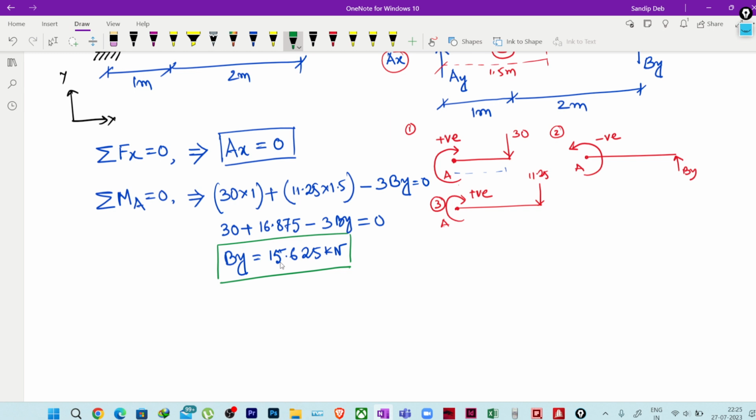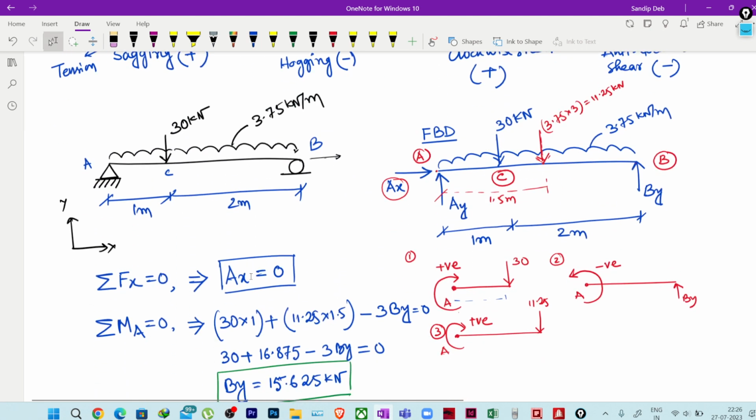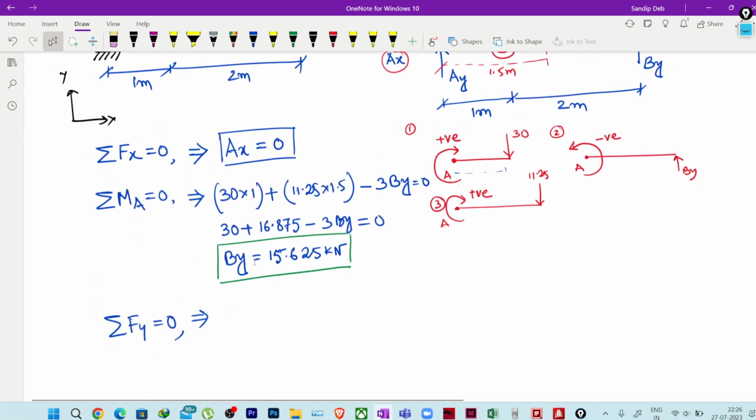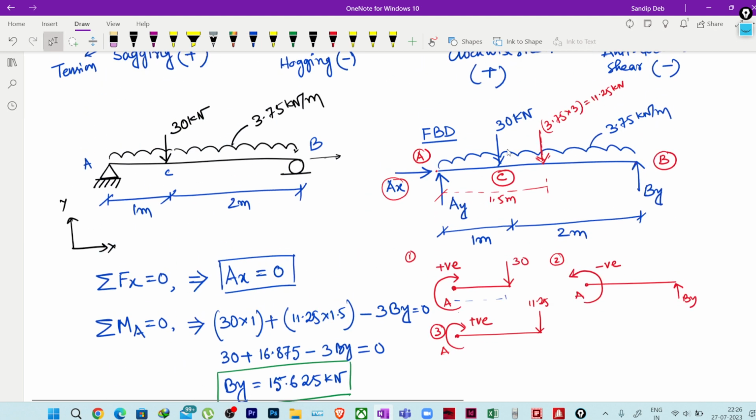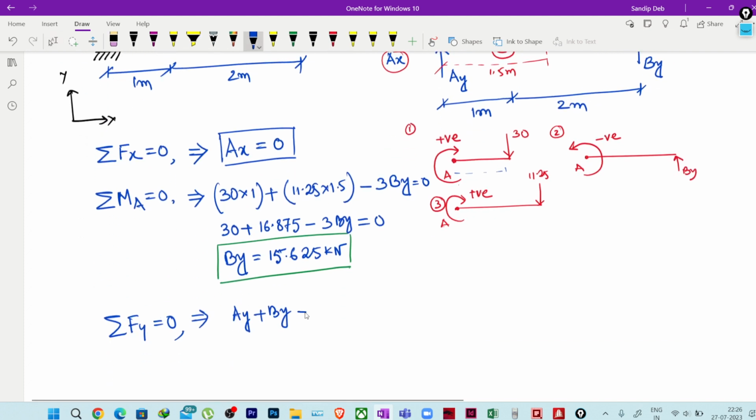Now if I use another equilibrium condition, which is summation of Fy equal to 0, let us see what forces we have. First we have these two reactions, Ay plus By, all plus values because they are upward. Now the loads we have are 30 kilonewton and this 11.25 kilonewton, and they are downward, so negative: minus 30 minus 11.25 equal to 0.